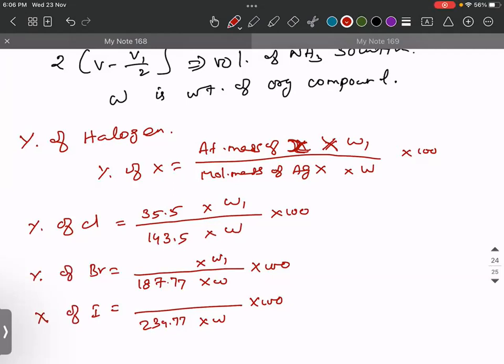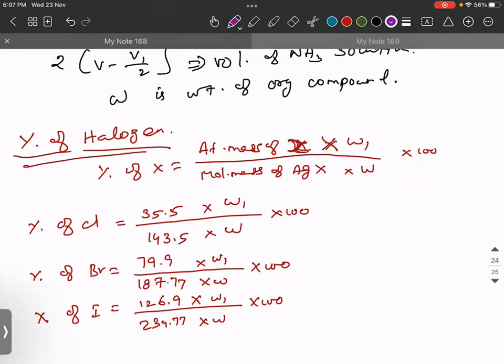The atomic weight of bromine is 79.9. The atomic weight of iodine is 126.9 into W. By this you can calculate the percentage of halogen.